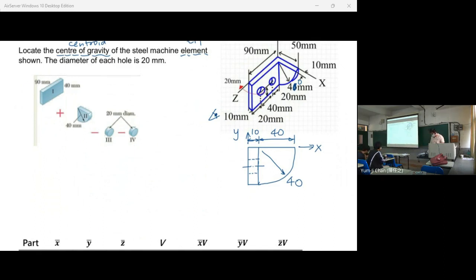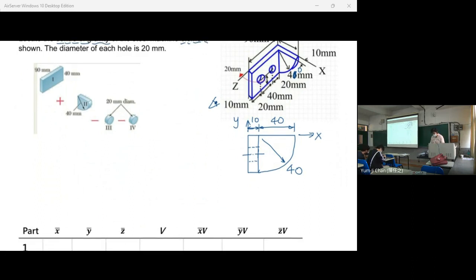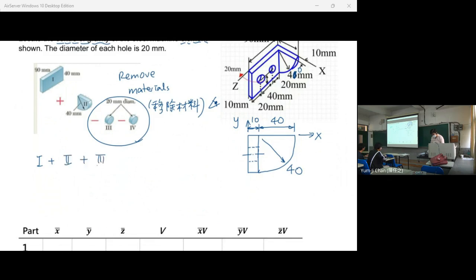The only trick here is that these two are removed materials. For these two holes, they remove materials. So I usually do it like this, and I would say 1 plus 2 plus 3 plus 4.